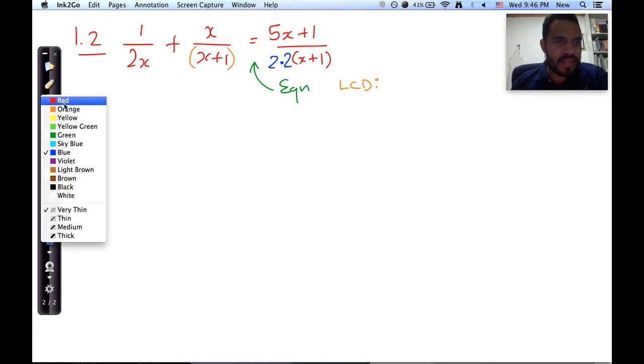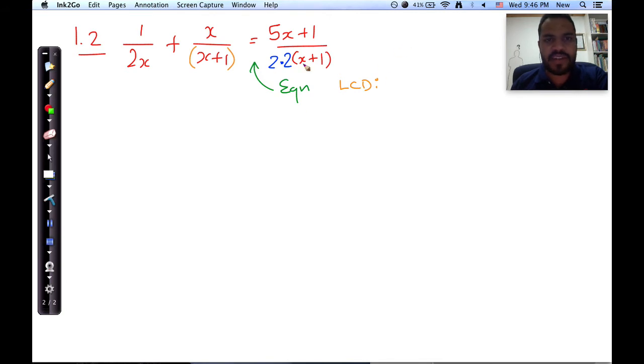Okay, so I'm going to start with the highest common multiple of that, and I'm going to say my LCD is going to be the x plus 1, right, which I have already, and then I'm going to multiply that by 2 times 2, which is going to be 4, and then I'm going to multiply that by x.